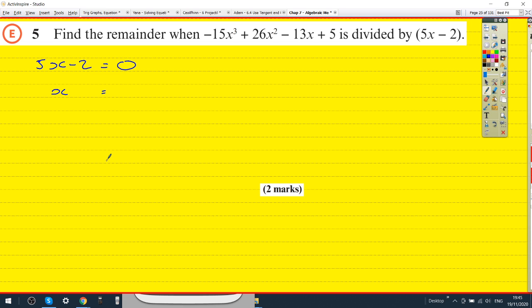So minus 2 equals minus 5x. And then you divide by minus 5 on both sides. So minus 2 divided by minus 5 is 2 over 5. I'm going to say 0.4. You can use the answer button.